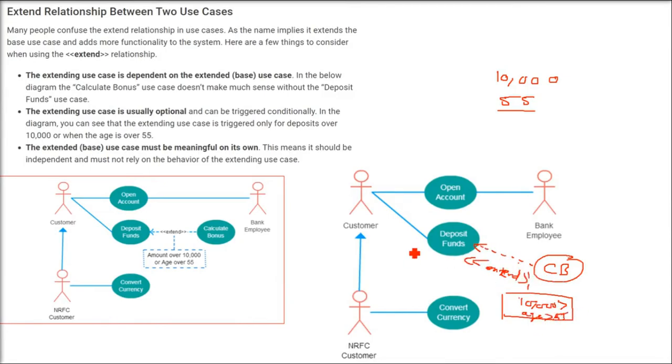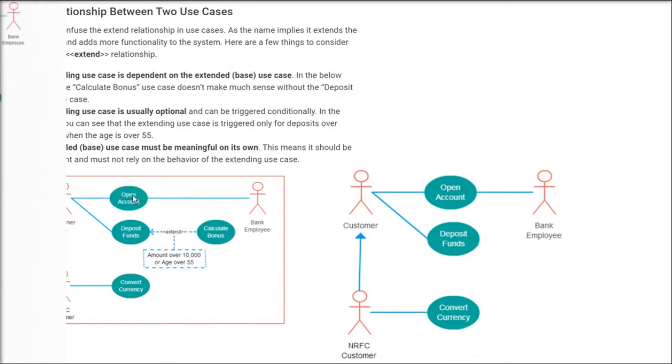I hope you understand. We added an extend relationship also. For the programming people, when we make a class, an object, the function of calculate bonus will only be called when some trigger happens. This function is not always included. It will only be called when something happens.